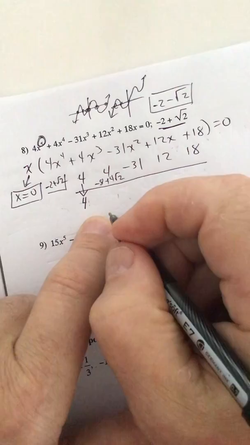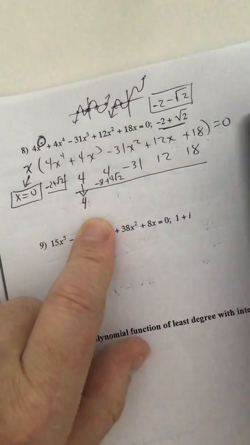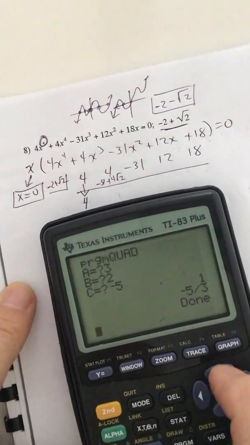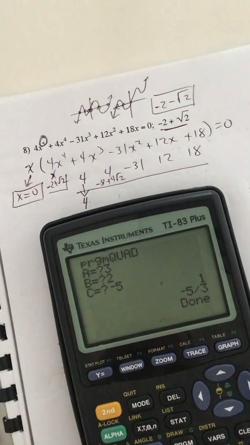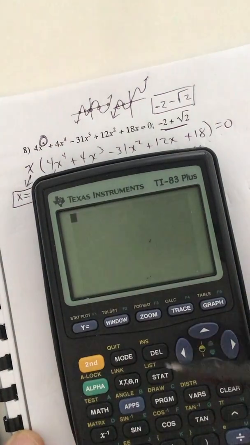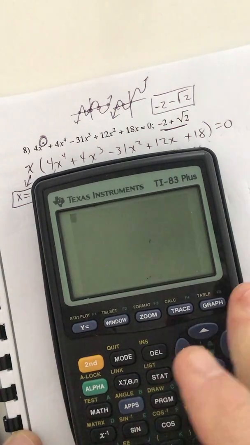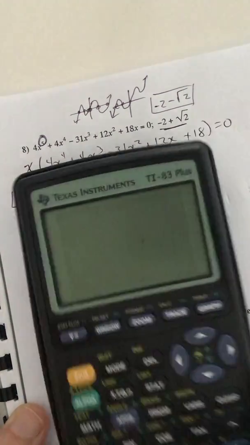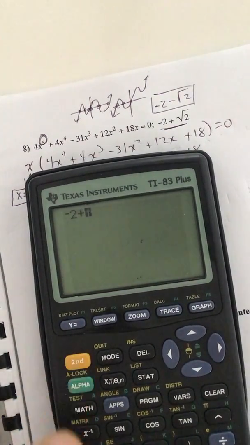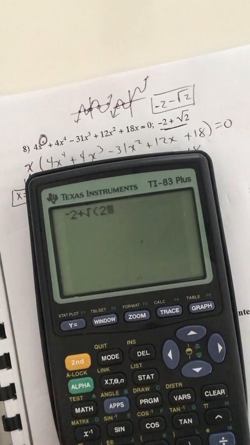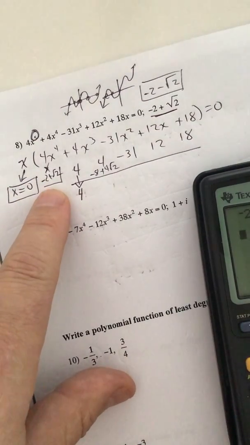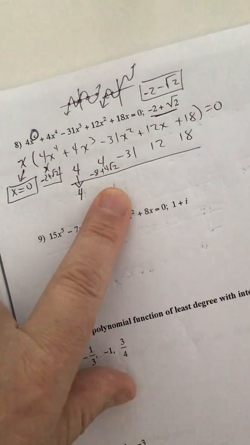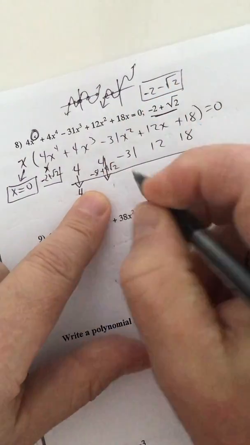Now, if I'm going to do it by hand, I could just add that together, which is fine. But if I'm going to do this with my calculator, I'm going to store some of these things in memory. So I'm going to put this one in X just because it's the easiest one on the keypad. X is right there. It's a button. So I'm going to type in negative 2 plus the square root of 2 and store it in X. Okay, so I have that one now in X. I'll go ahead and do this one by hand.